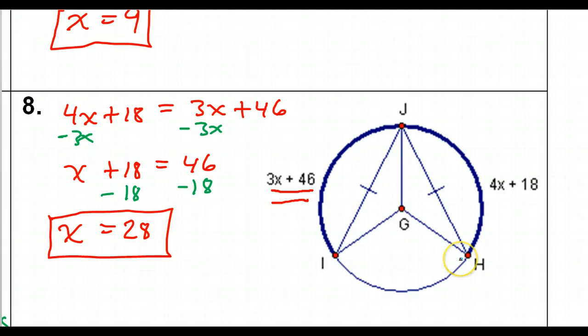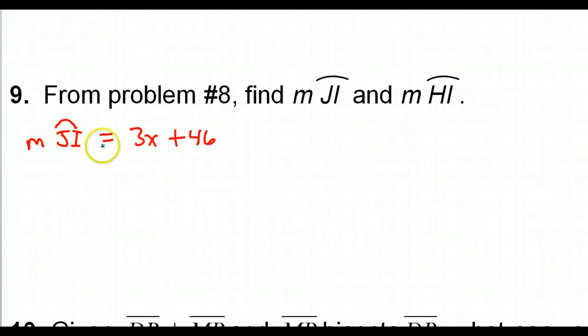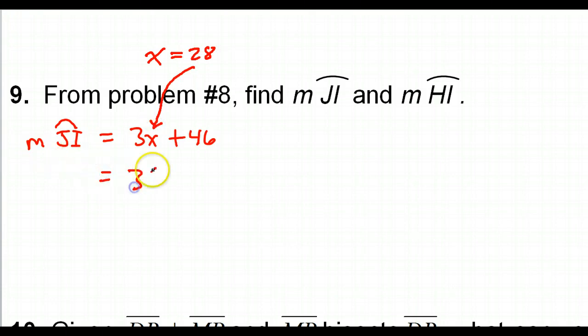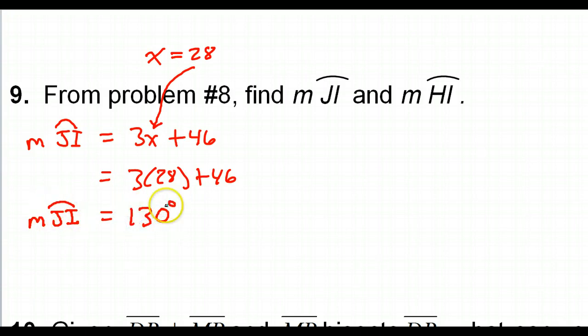Since we know that the measure of JI is equal to 3x plus 46, and we found from the answer to number 8 that x is equal to 28, we can just substitute that in to find the measure of JI. So that should be 3 times 28 plus 46. Therefore, the measure of arc JI turns out to be 130 degrees.